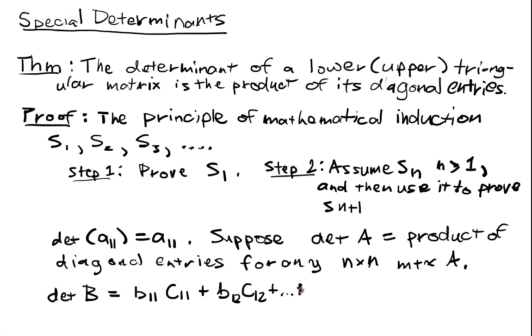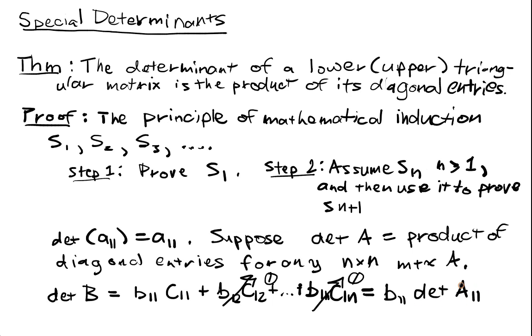This is just the definition that we're working with right now. But it's lower triangular, so that means that this guy is 0, so we cancel him out. And all the rest of these guys are 0, and the only thing that'll remain is B11 times the determinant of A11 by definition.